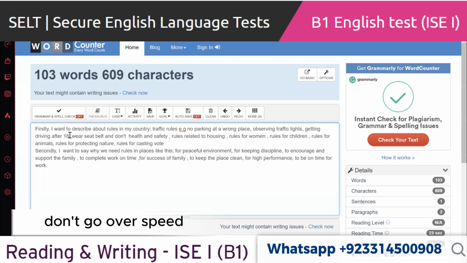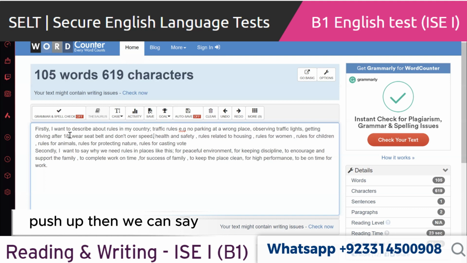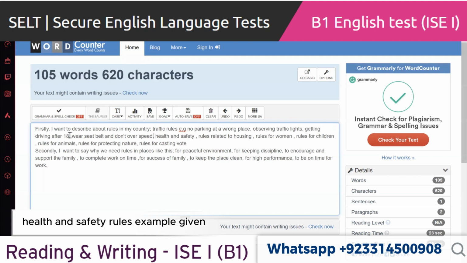Don't overspeed. Full stop. Then we can say health and safety rules. Example given.